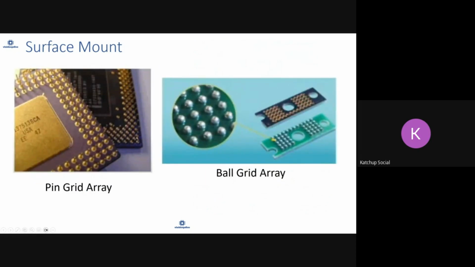You can see the number of pins has increased. It is directly surface mounted on the board, or even the ball grid array. You could see that the number of pins which earlier ICs could have increased many fold from the previous technologies.